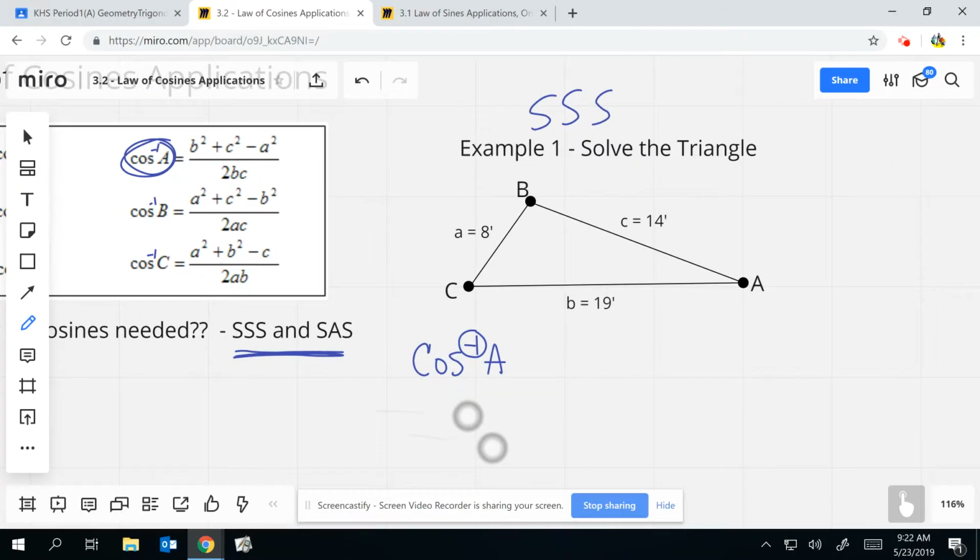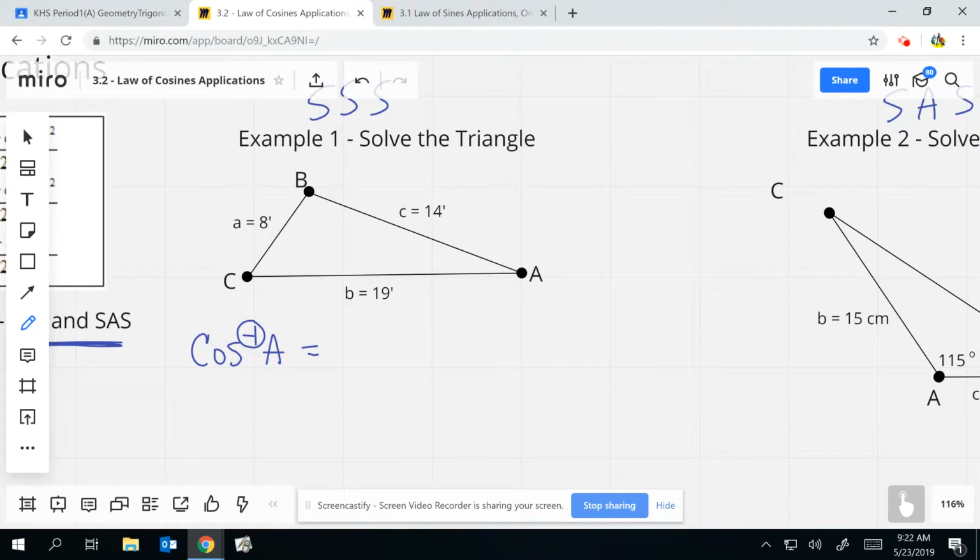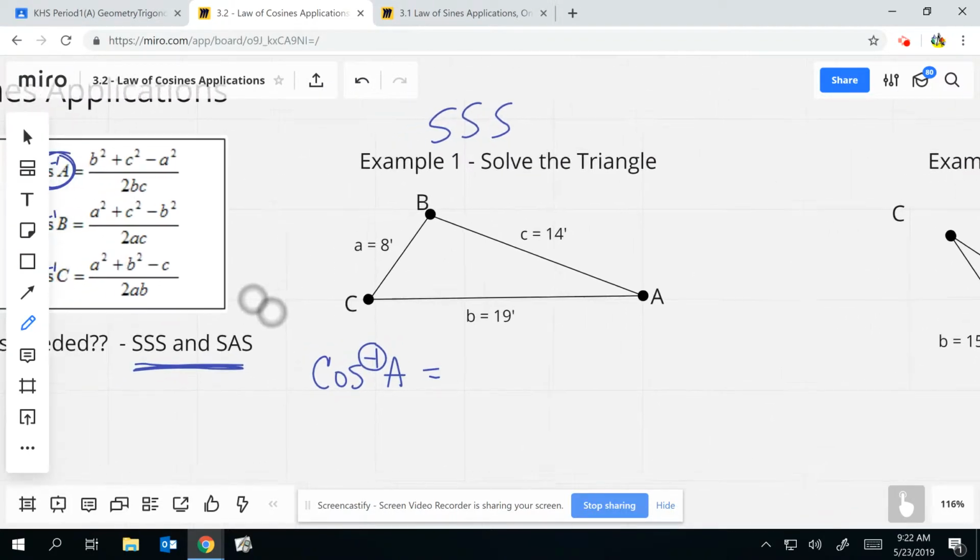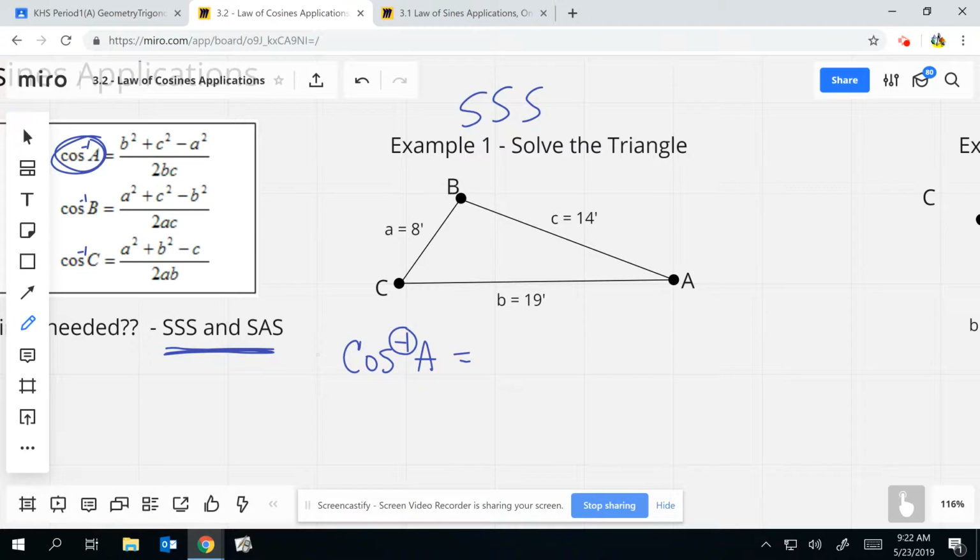So cosine -1 equals, and then if you look at the formula, it's b squared plus c squared. So it's the other two letters, not the a, because you're using angle A. So it's going to be 19 squared plus 14 squared minus the a squared, which is 8 squared, all over 2 times 19 times 14.